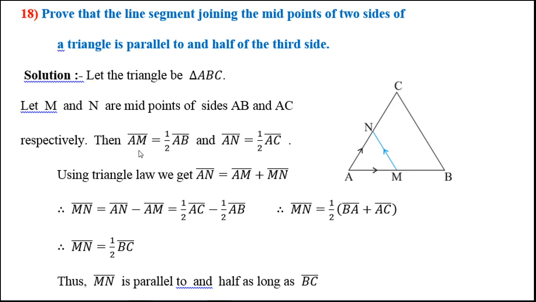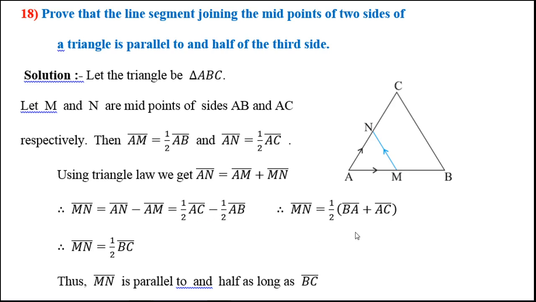So make use of these two relations in this equation and take the half common, and I get MN bar is equal to, taking half common, inside the bracket we have AC bar plus AB bar. I have changed this minus AB bar into BA bar.